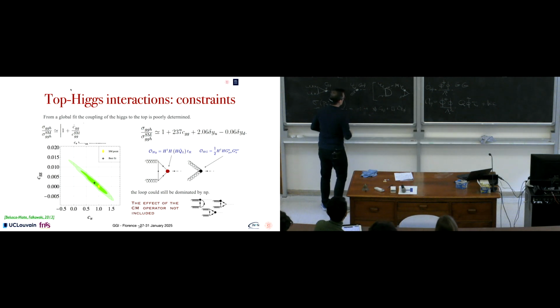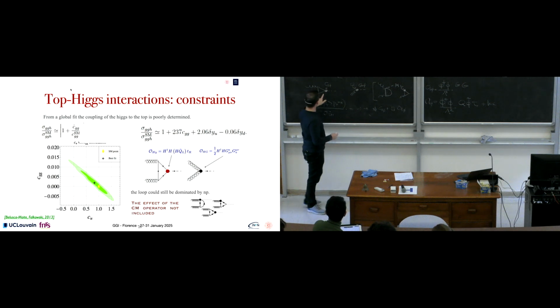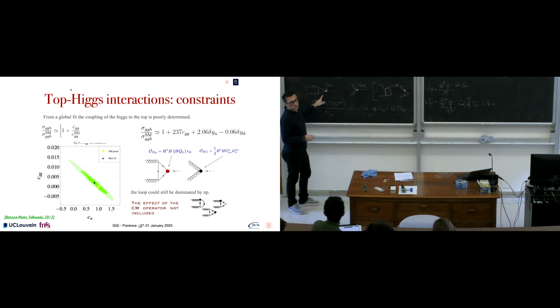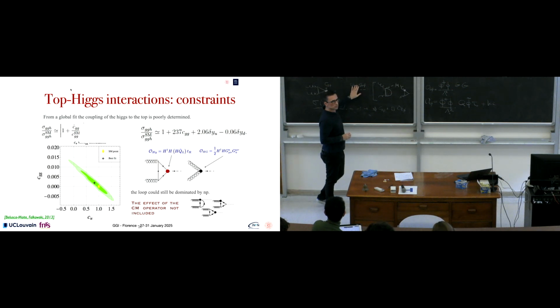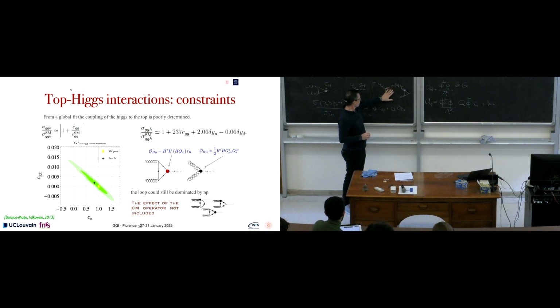Well, this one I know is finite because it's just the same as the standard model. I only scaled y, so it's certainly fine. Here there is no loop. So here, is this finite or not? The answer is no.